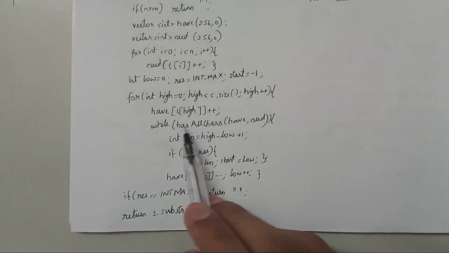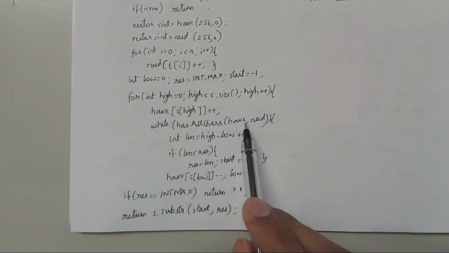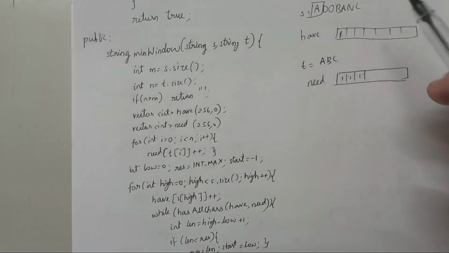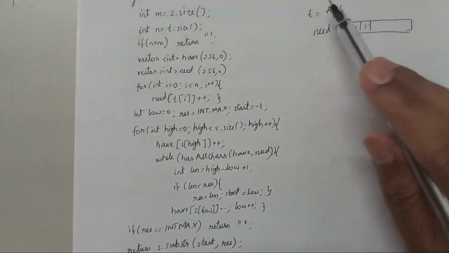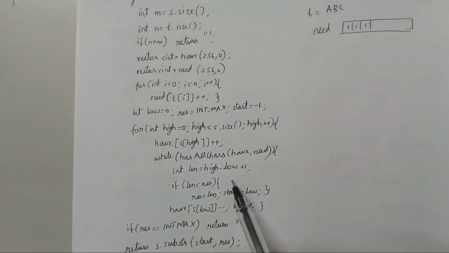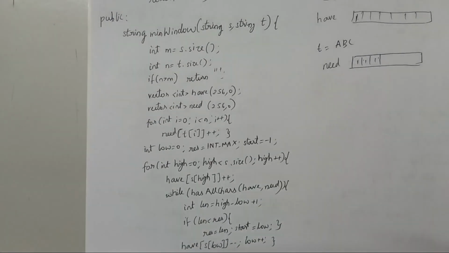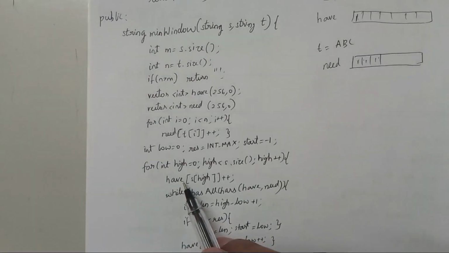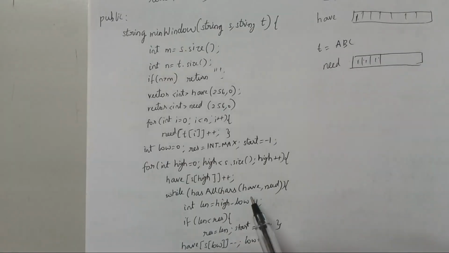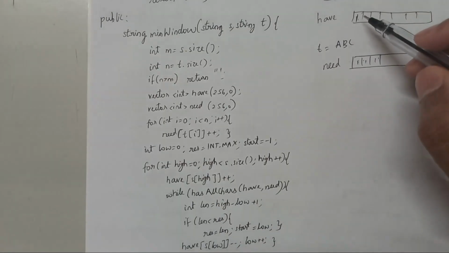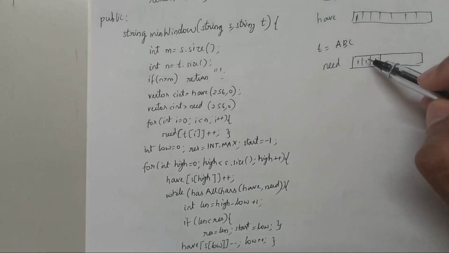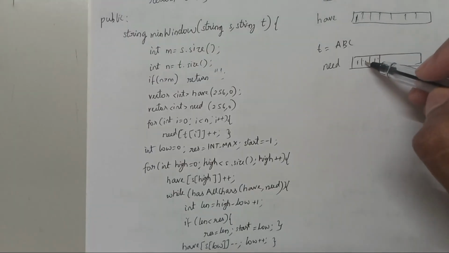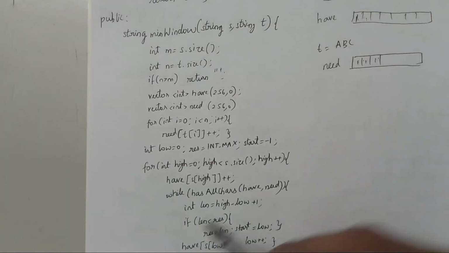So if we return true, that means from the current window ABC can be made. Only if it returns true, then we run this loop. So if we dry run it, we included have. Now while has all characters have common need. In the first iteration A will be 1, so this will return false, because for B it will be 0 and need is 1, so 0 is less than 1, that is false, so this will be skipped.